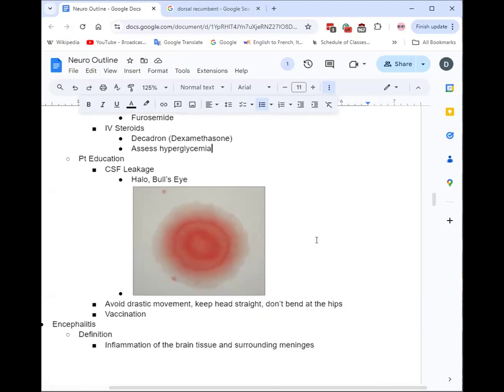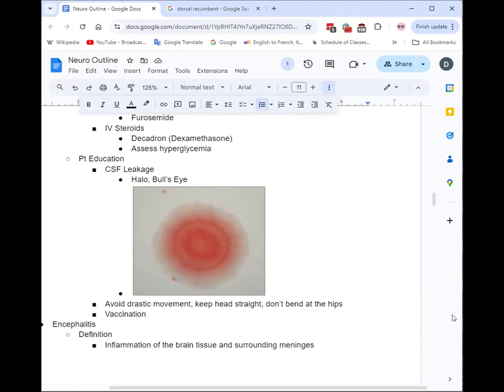Alongside your patient education on CSF leakage, we told them avoid drastic movement, keep your head straight, don't bend at the hips. This might be something better for before, but there are vaccinations for meningitis, bacterial meningitis. You can get vaccinated for it, so that's something to keep in mind.